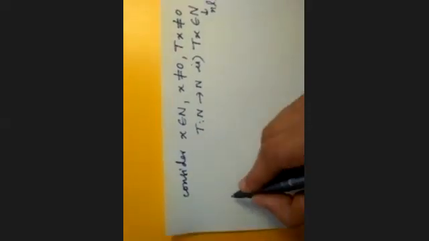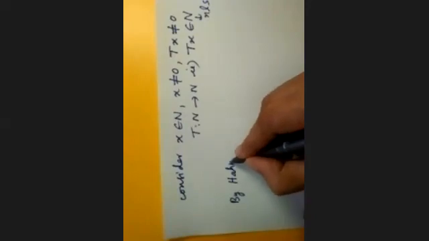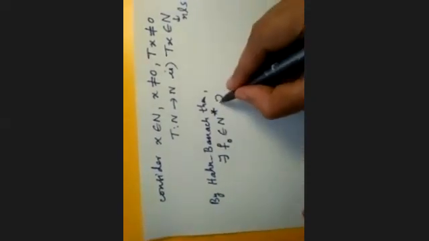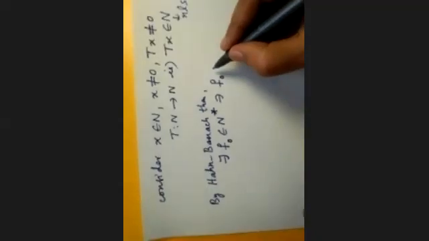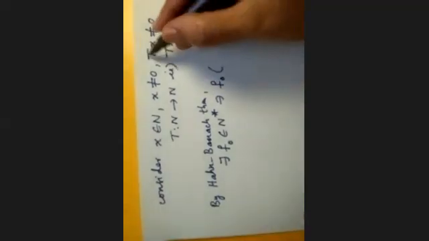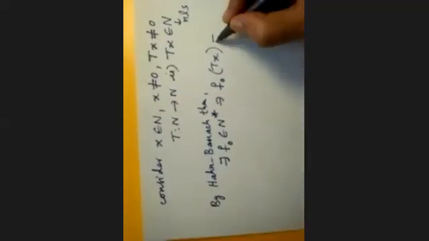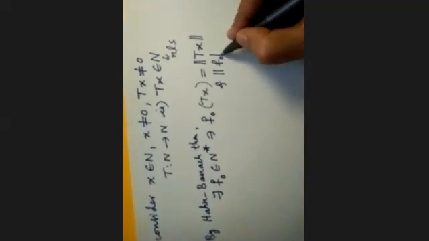A non-zero element of N, N is a normed linear space, by the Hahn-Banach theorem, there exists a functional f0 belonging to N star such that f0 of this non-zero element, that is Tx, is equal to norm of Tx, and norm f0 equal to 1.